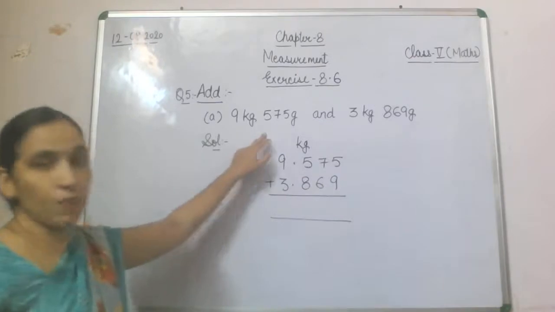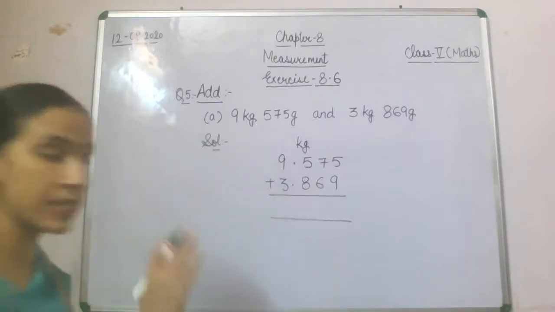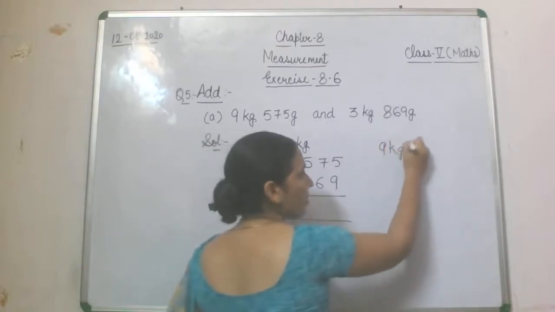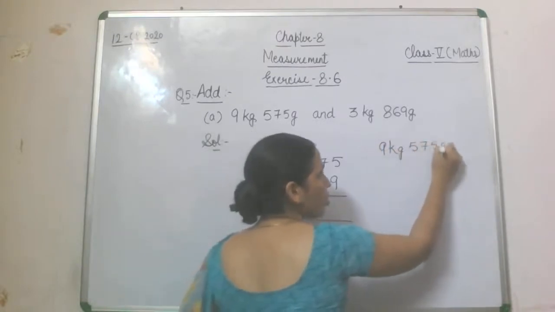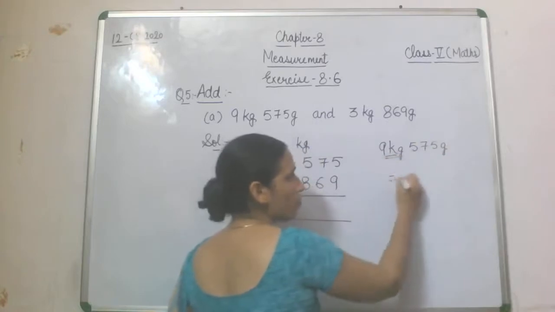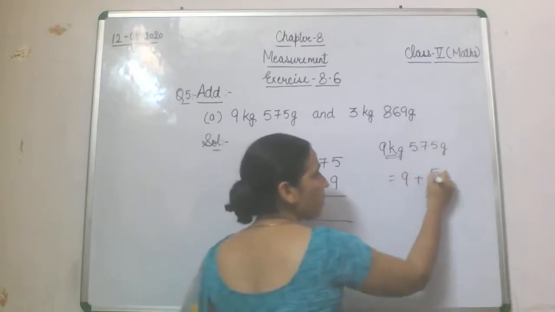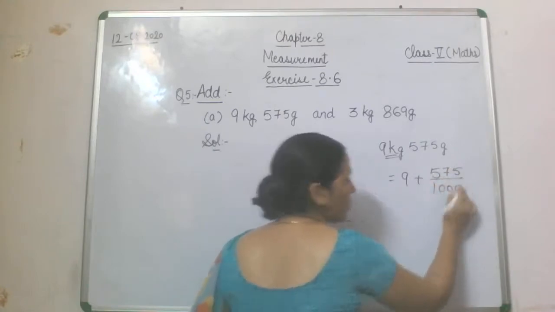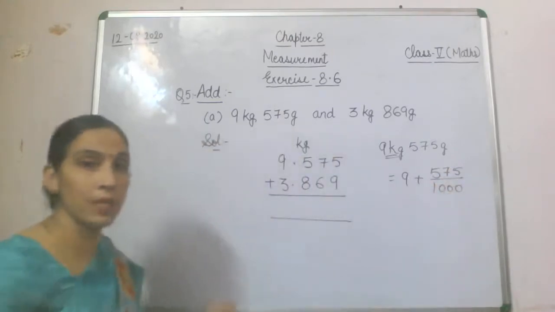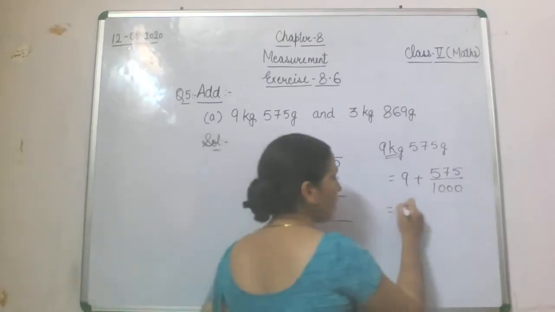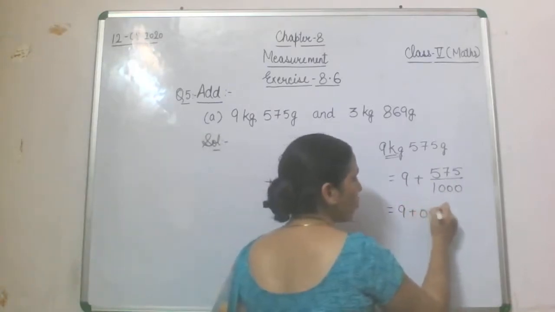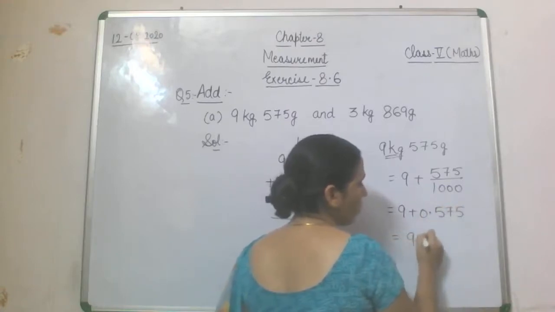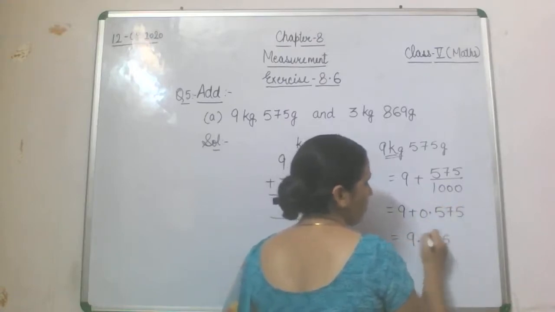Let's see this conversion once again. You have been given 9 kg 575 gram. The 9 we will not touch. The 575 will be divided by 1000, which means you require 3 decimal places. So you will have 9 plus 0.575, and when you add it, it becomes 9.575.